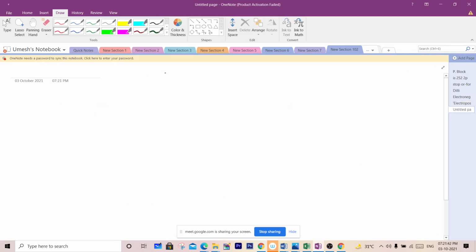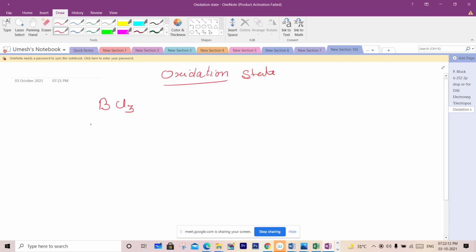And now the next topic we can discuss is the oxidation state. We had done the chapter on redox reactions, right? Can you tell me what is the oxidation state of boron in this compound? Three plus. Sir, give me a second, I'll answer it. Yeah, you answer.